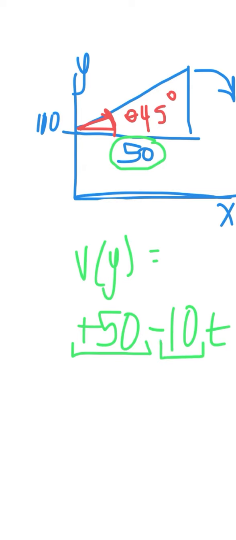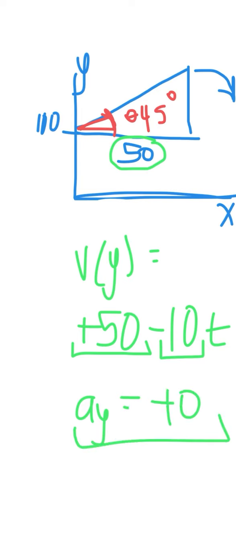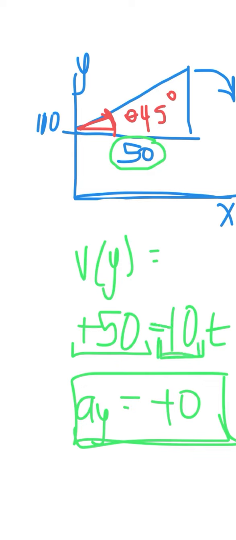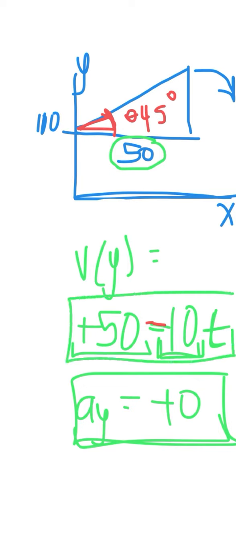However, this is what we said before was the a sub y, which was negative 10. This is one of the initial conditions. So negative 10 comes from the gravity that is pulling the object down. So we have here a negative 10. You have to make sure that it's negative and then times t, times time. So this is the v of y equation.